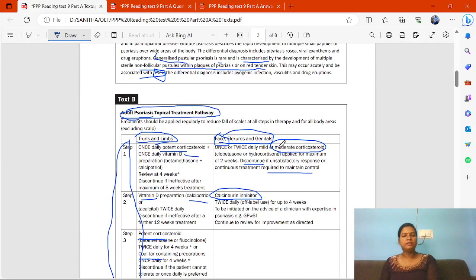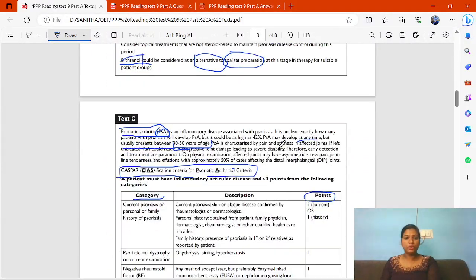So it is not in test B. Then if it is not in test B, where do we have to find it?